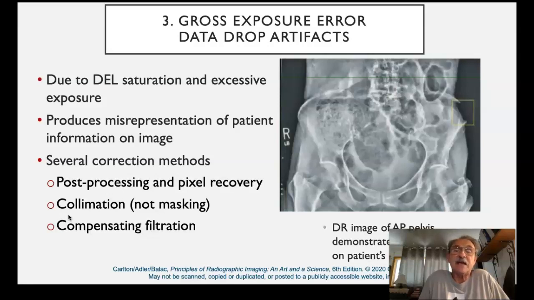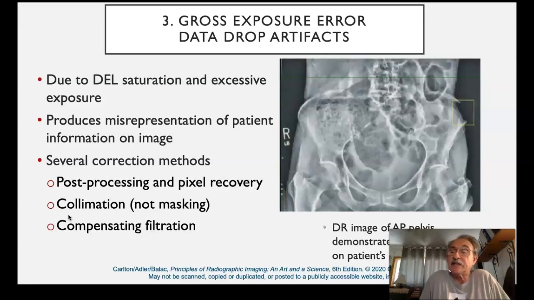In fact, what has happened is we overexposed this patient so much that the detector elements were so exposed that all they had was dark. They were not representative of where that anatomy was represented by what grayscale. So from that perspective, what we have here is a gross exposure error.